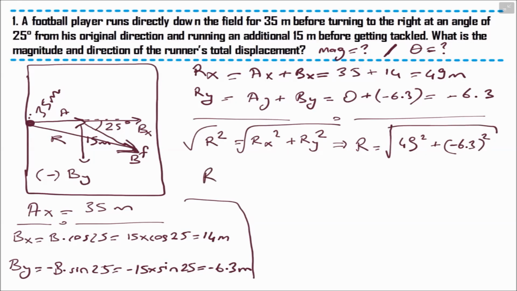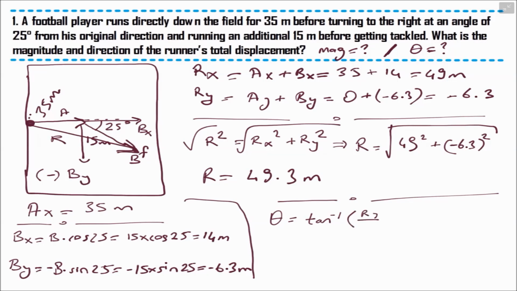So R will be equal 49.3 meter. And then we have to calculate the direction by the inverse tangent formula. Tangent inverse Ry over Rx.